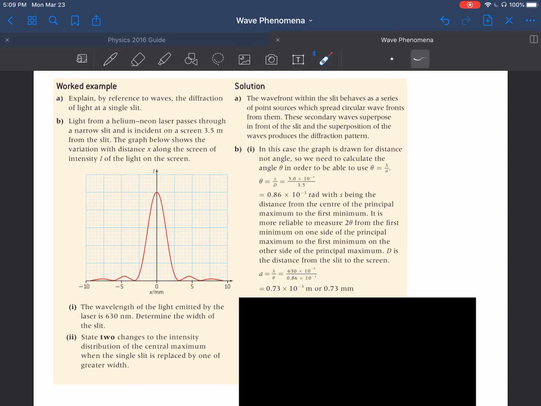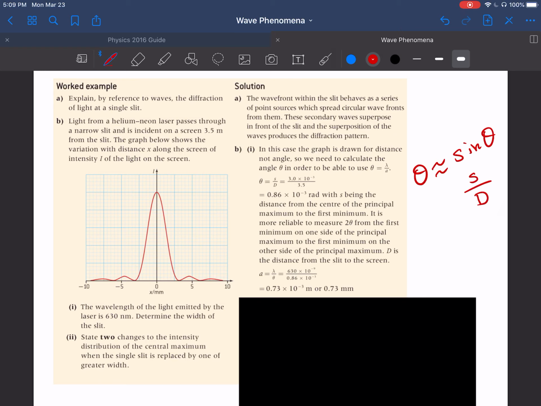And so to get our angle, we're going to use the small angle approximation that says that theta is about equal to sine theta for a particular triangle. And therefore, sine theta is about equal to s, the distance along the screen, divided by d.